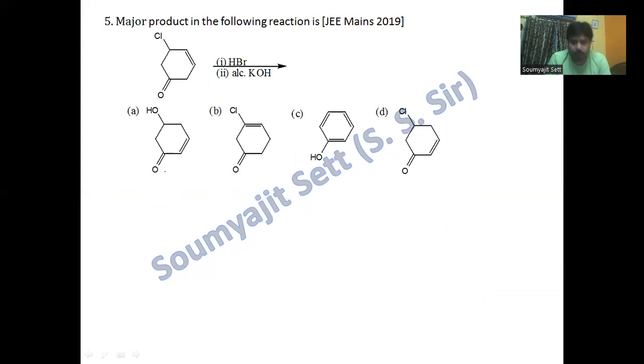Move to another one. Here, at first, HBr will be added to the alkene. So let's see what will happen. At first, HBr will be added. So what will we get?